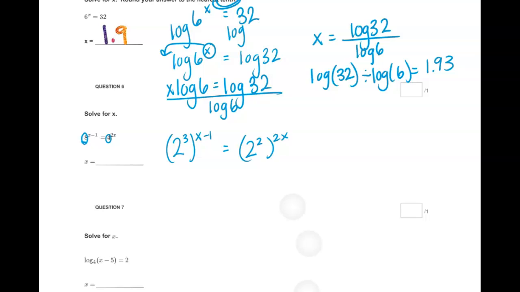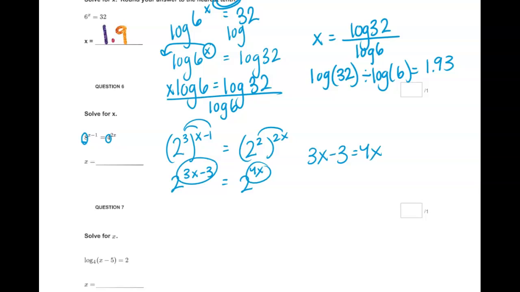Now we'll multiply the exponents, and this is 3x minus 3 equals, and 2 times 2x is 4x. Now that the bases are the same, we can take 3x minus 3 and set it equal to 4x. If we subtract 3x from each side, we get negative 3 equal to x. So x equals negative 3.